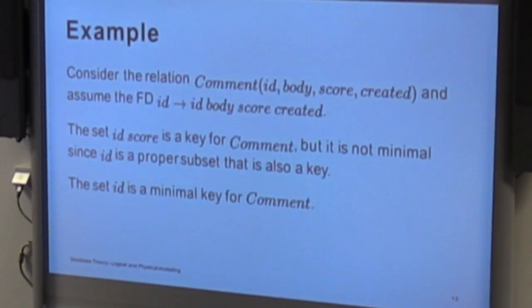So what you can do is that you can remove the ID from the right-hand side here, because it is always functionally dependent on itself, in that case when it's the key. So you just remove it, and then you end up with that ID is the key for body, score, and created. And that means also that it's the minimal key.